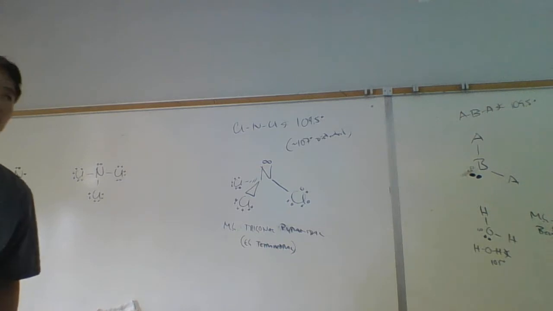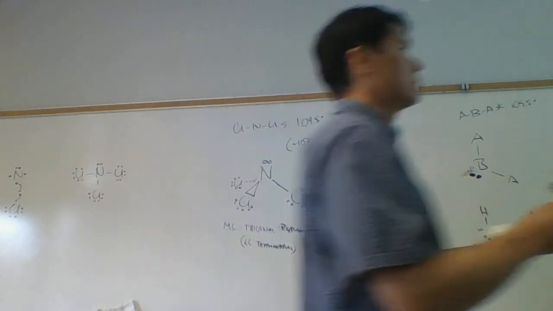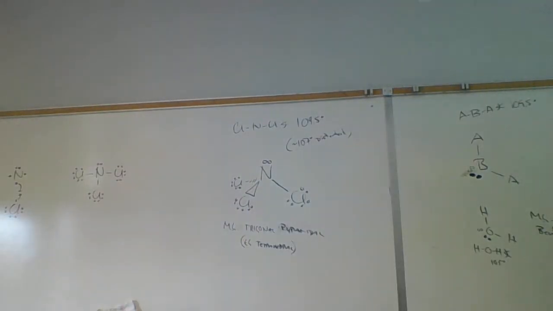The other thing I don't like is the perspective that they're looking at this. When I try to match their perspective here, I'd have to look at it like this, kind of, because what I'm saying is, oh, there should be a lone pair here. I'm kind of looking at it like this because I have one chlorine in the plane, one chlorine coming out and above, and then one chlorine going in and below, right?